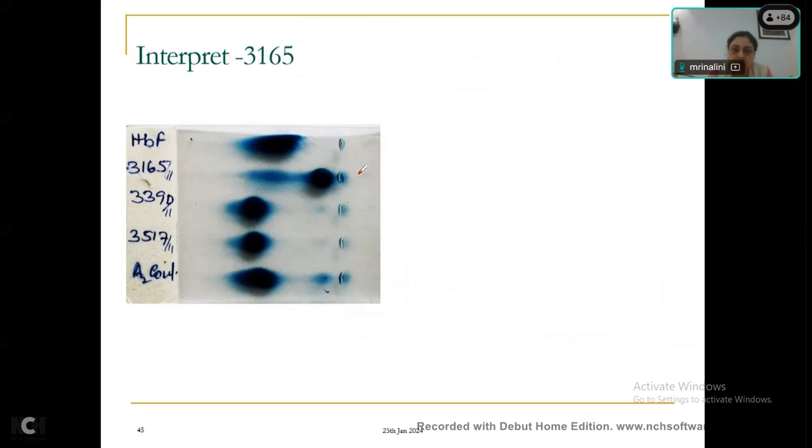Noor, do you agree? Ekta? Well, it is homozygous because what you are seeing is that there is hardly any HbA. All the hemoglobin which is present is only eluting in the HbA2 region.